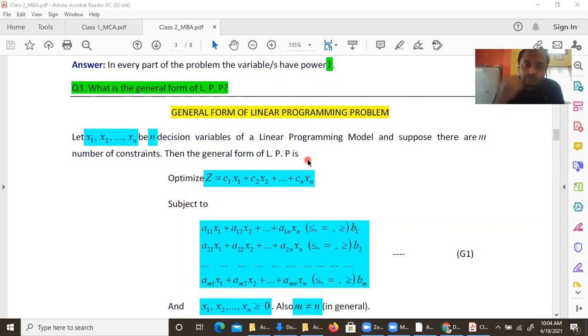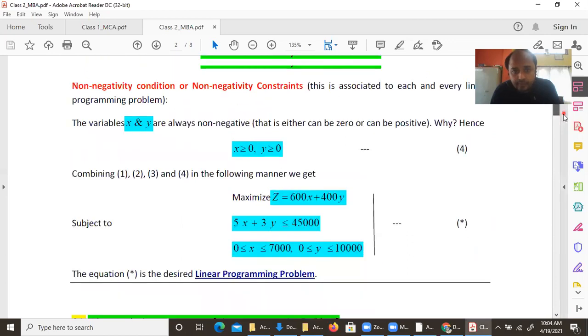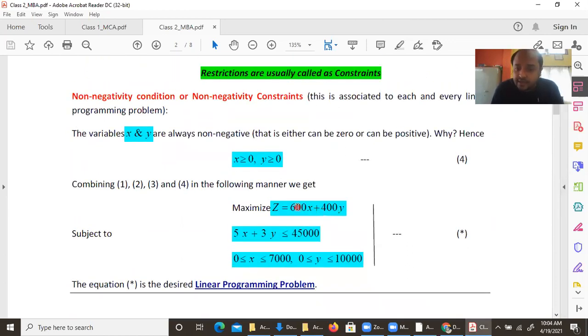Objective function, what did you get? As I can recall, 600x plus 400y. Now 600 we call the net contribution of the variable x in a linear programming problem, and 400 is the net contribution of the variable y.